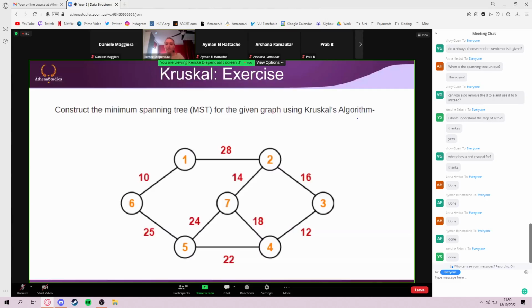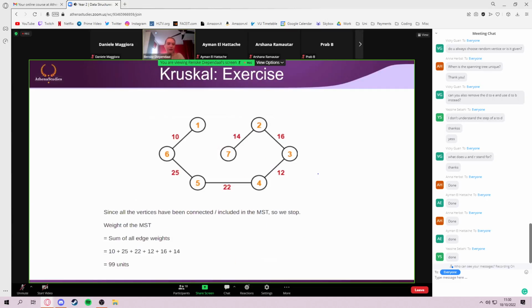All right, I think most people are done. So let's go through this. This is once again just an answer. It is the same graph as the previous exercise, and we still get 99 as a total weight. So this is what we get for Kruskal.